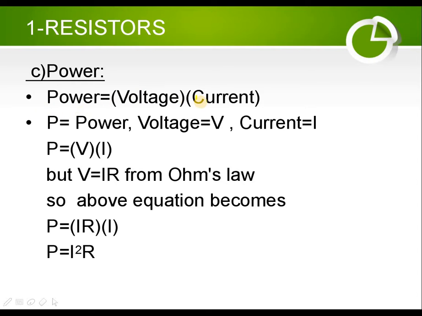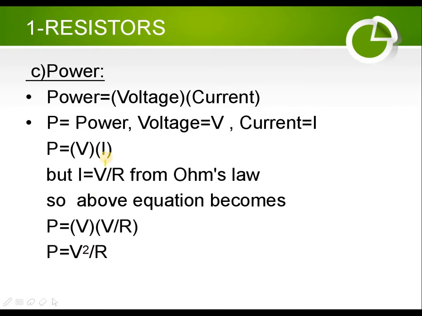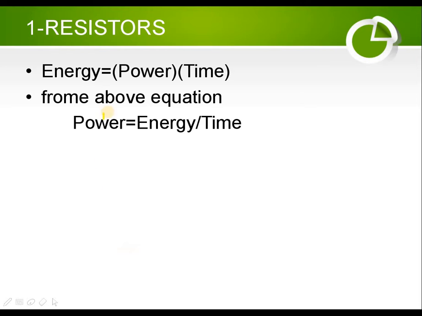Power is equal to voltage multiplied by current. The same thing I already told you. If I put V equals IR, power can also be written as I squared R. In the next slide, I substitute the value of I as V divided by R, and it becomes V squared over R. There are two different terms I can use.